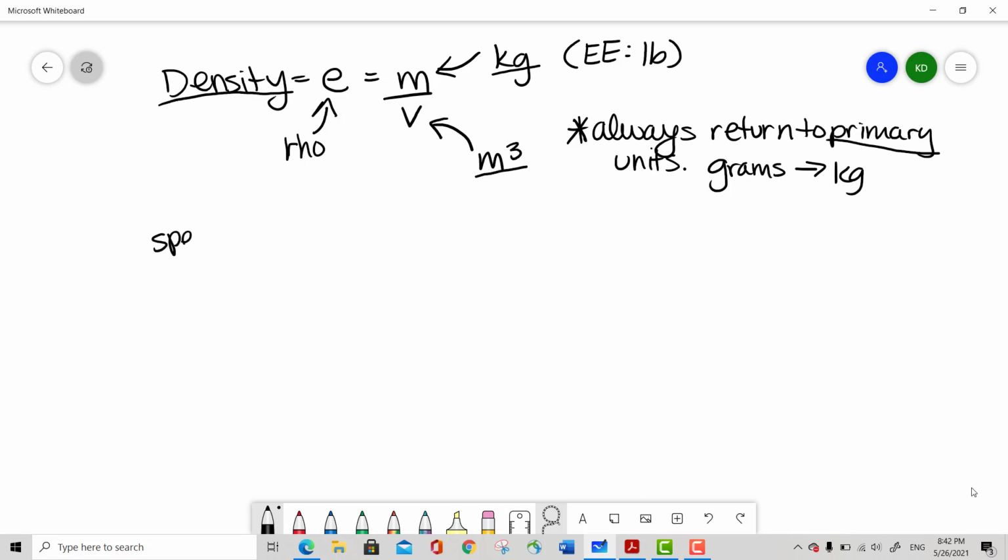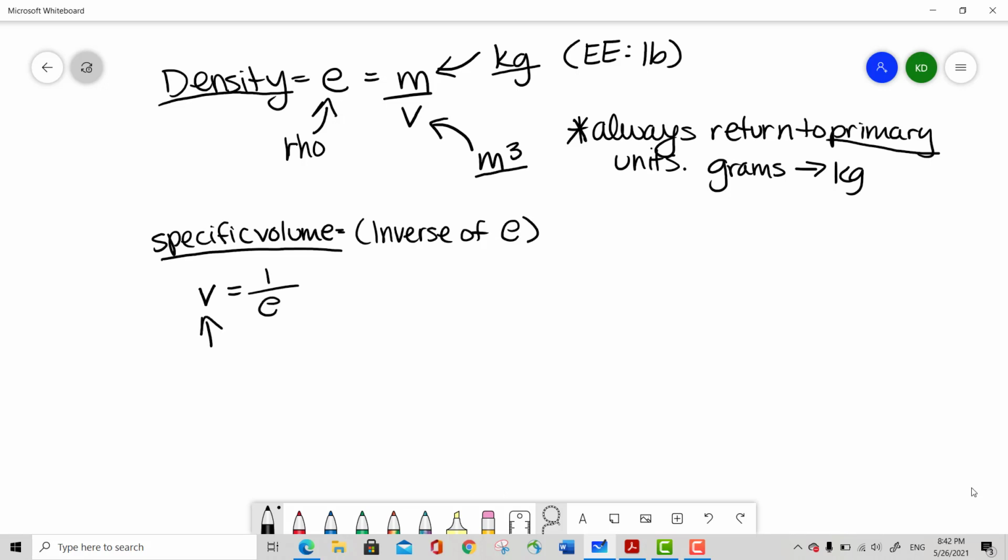And then your specific volume, which is the inverse of density. V equals 1 over density. Okay, and this is in SI again, meters cubed over kilograms. And we will do an example of this right now.